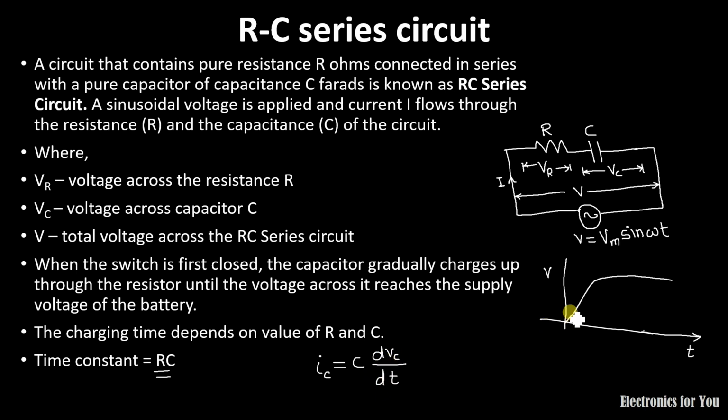Here we know that the rate of change of voltage is maximum for this period, from 0 to maximum, and therefore in this case current is maximum, but as the voltage is at maximum, further the current will be negative as per this formula.